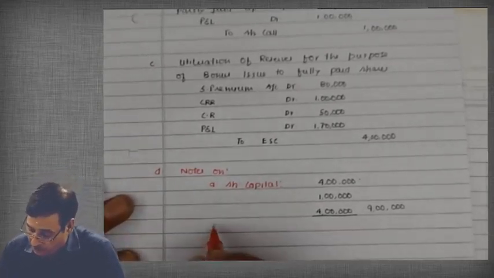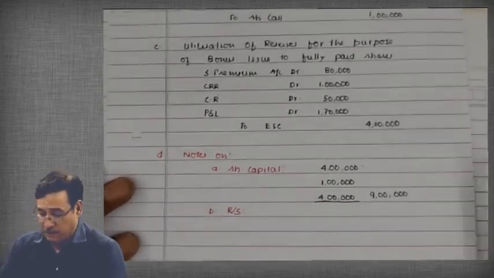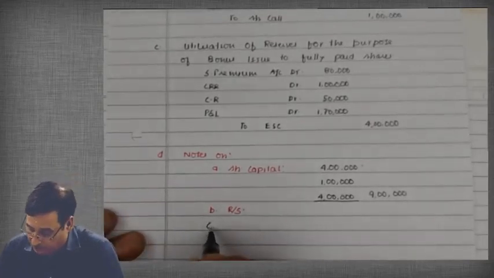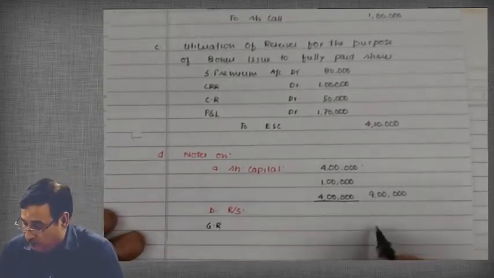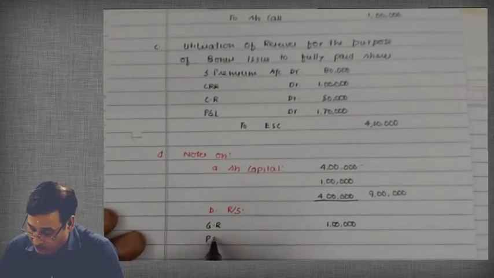Similarly, we can prepare a note on reserve and surplus also. As far as reserve and surplus is concerned, one, there is general reserve, but we did not utilize general reserve at all, so still there is a balance of 1 lakh in general reserve. Then there is profit and loss account.